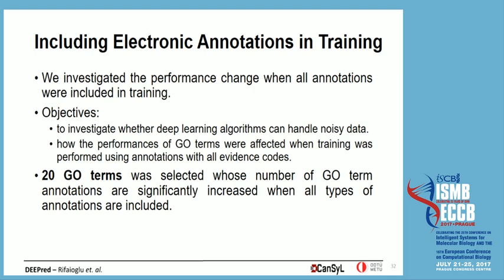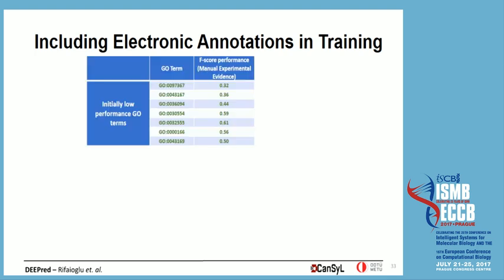And we selected 20 GO terms whose number of protein associations increased highly when we added all types of annotations in training. And we separated these 20 GO terms into two categories as initially low and high performance GO terms based on their performances on experimental datasets. For example, these are the GO terms whose initial performances were lower.